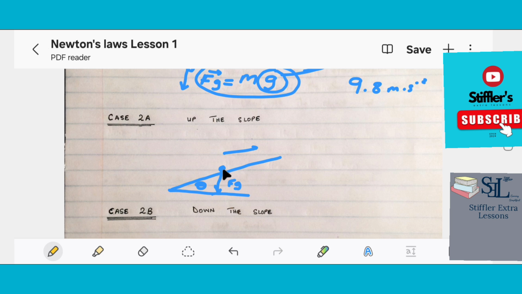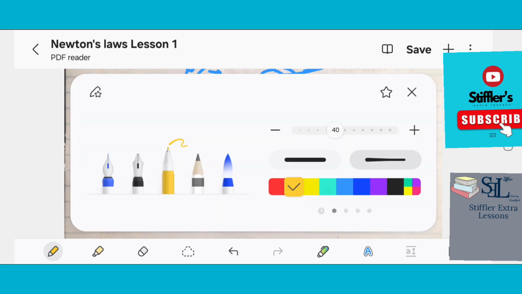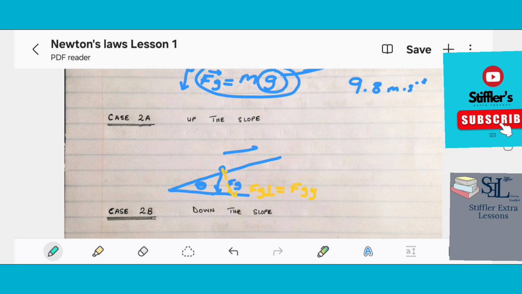This force, as you can see, is acting at an angle. If we extend this, we call it Fg perpendicular, or we can call it Fg at y. This is the component that is perpendicular to the plane of the object.